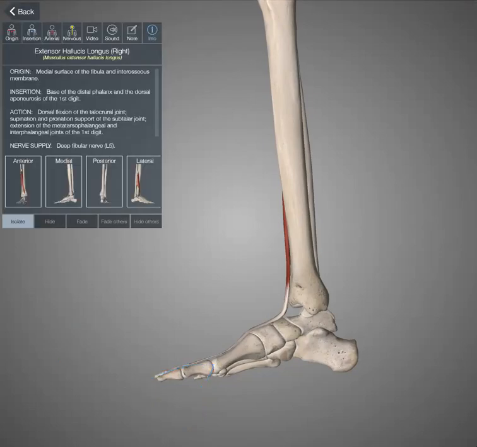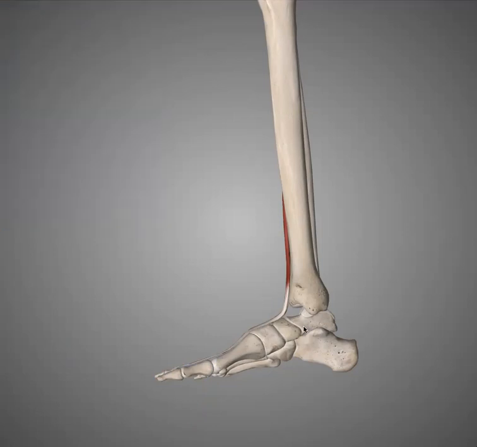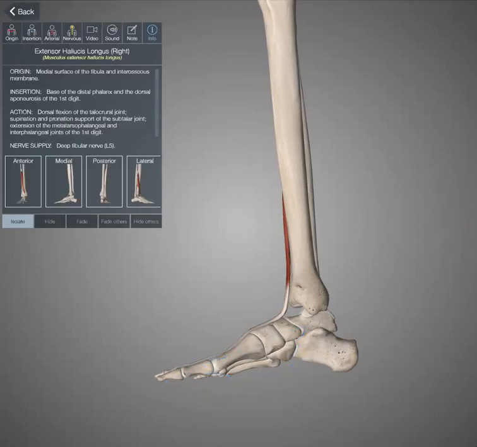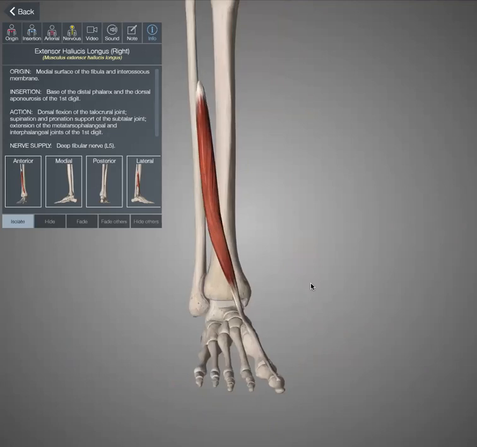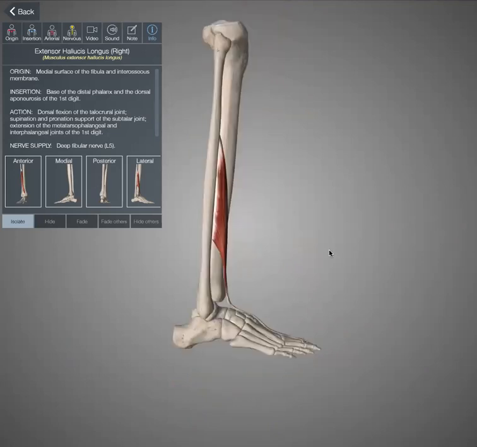And also, let's imagine that the whole foot, that's the starting position, and it will also help the other muscles to cause dorsiflexion of the foot. The next muscle that we're going to discuss is called fibularis tertius.